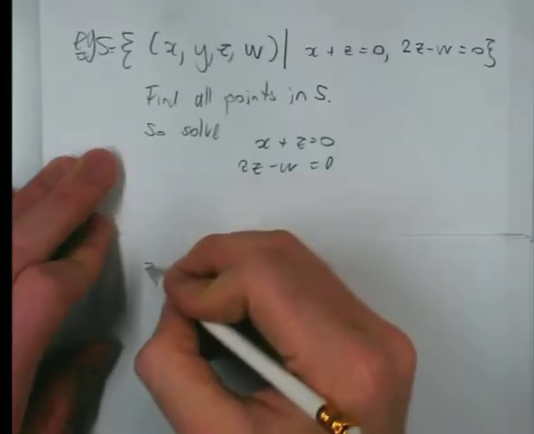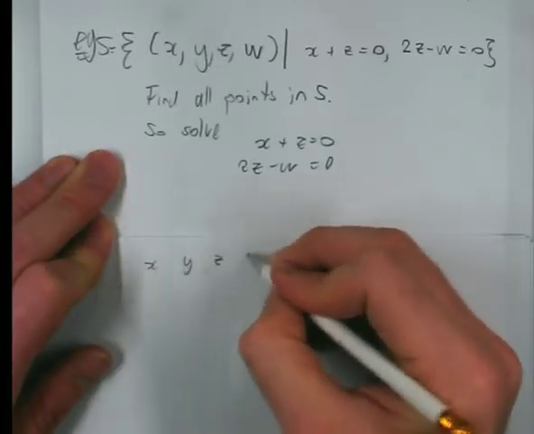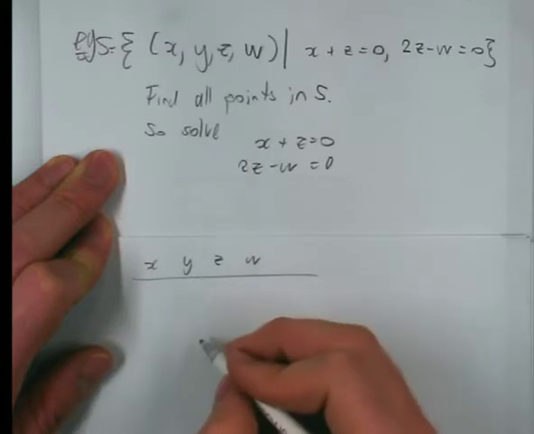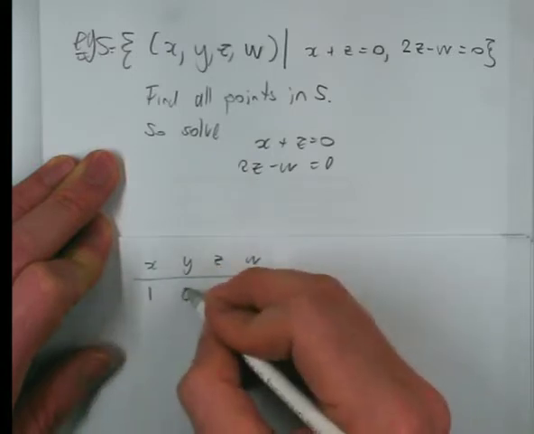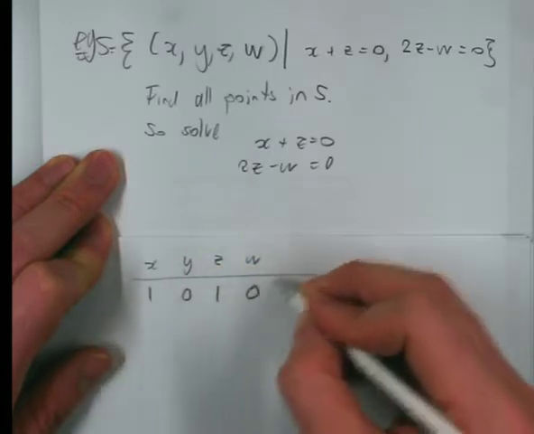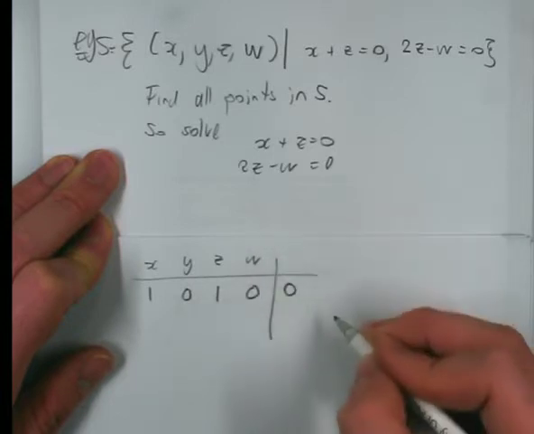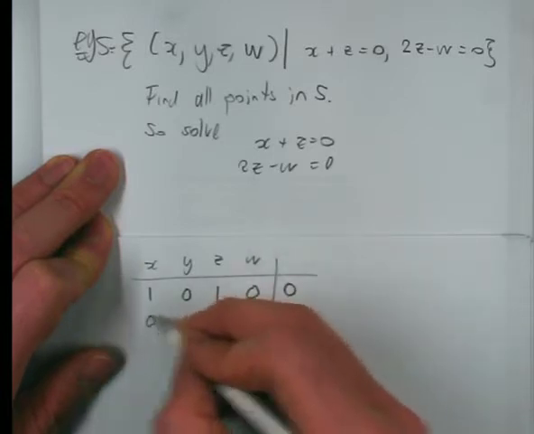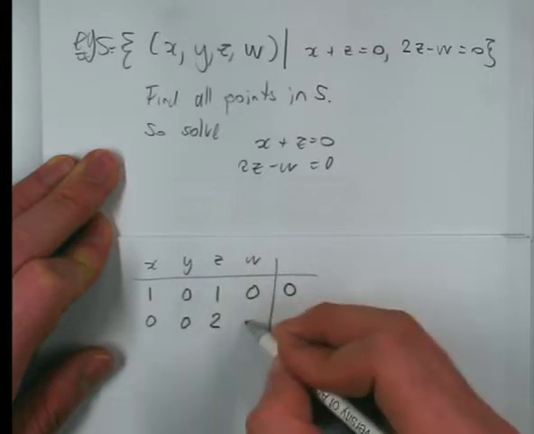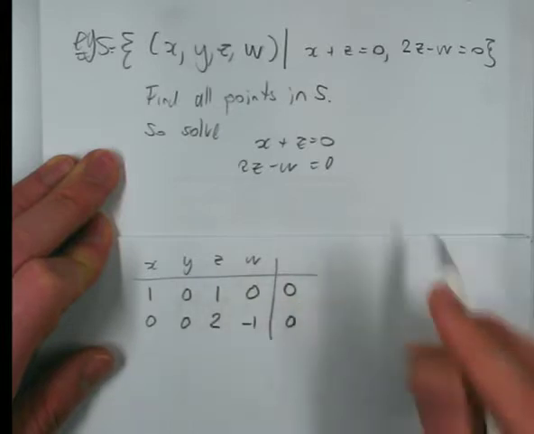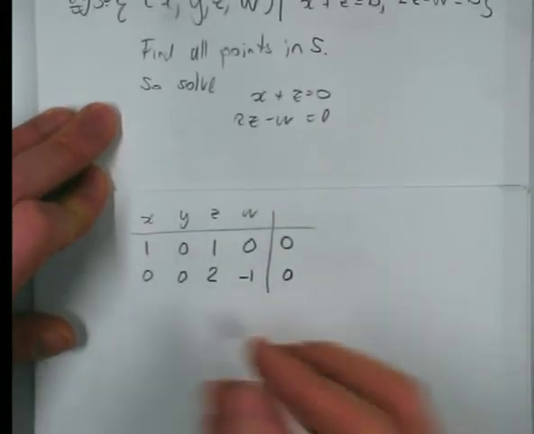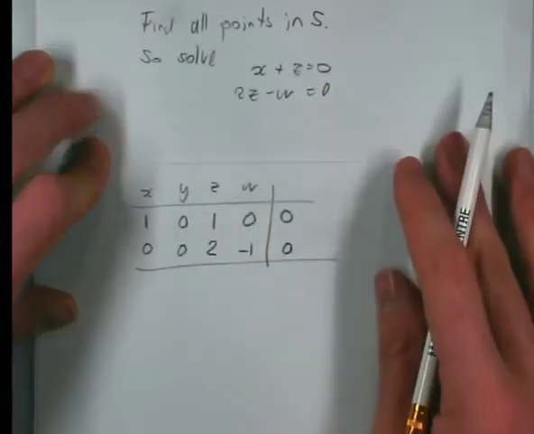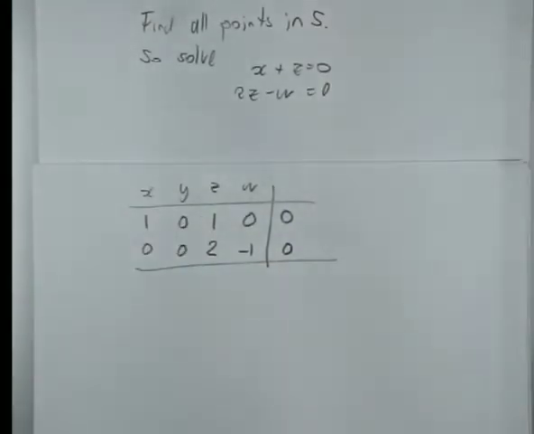So I've got X, Y, Z and W. My first equation is 1x and no y's and 1z and no w's equals 0. My second equation is no x's and no y's and 2 z's and minus 1 w's is 0. And then I solve them.